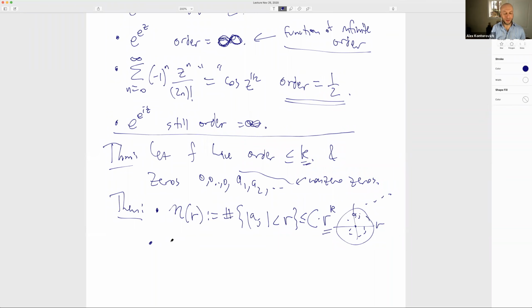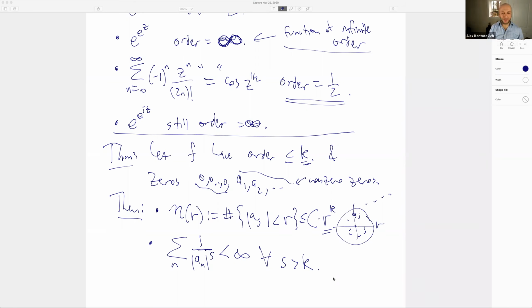And the second thing is that if you sum the reciprocals of the zeros to the power s, and of course this is why I don't want to take reciprocals of zeros, that's why I want the non-zero zeros. So these are not in here. This will converge for all s greater than k. These are the two things I want to prove for you.